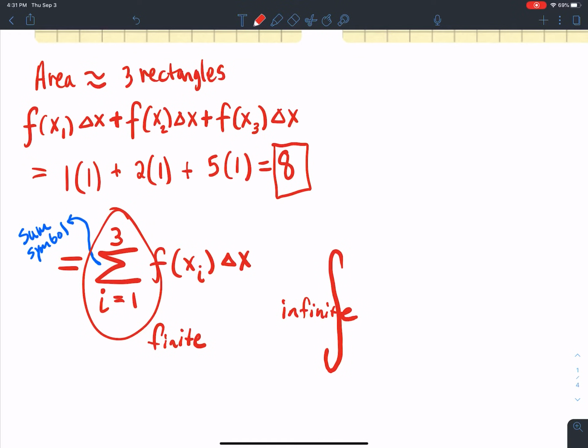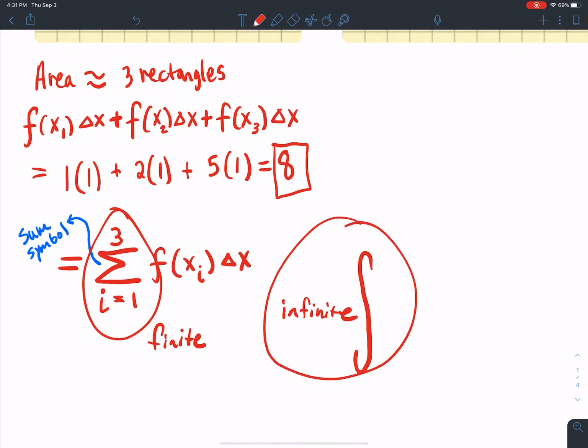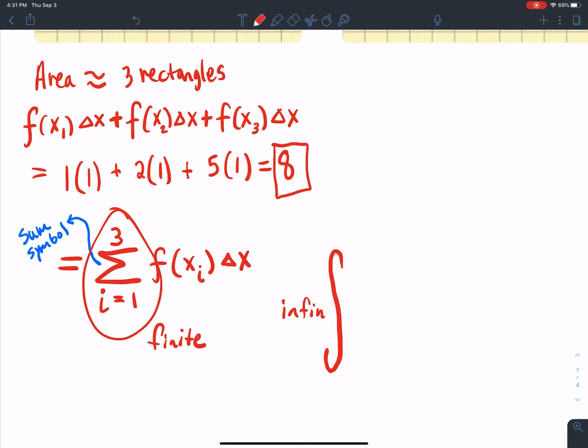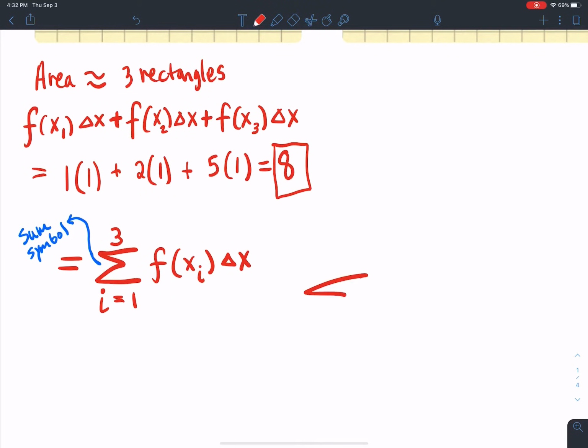So those two things are different from each other. This is an infinite sum. This is a finite sum. The way you would turn that symbol, the capital sigma, into an infinite sum would be to say i equals 1 to infinity. But right there, that's a finite 3. So we'll talk about that more in Cal 2.